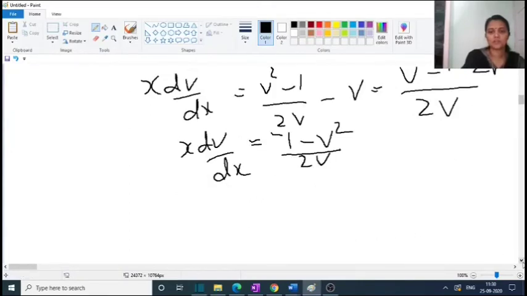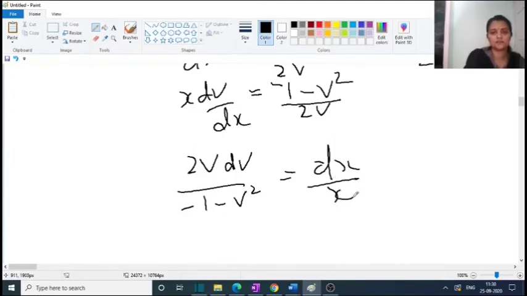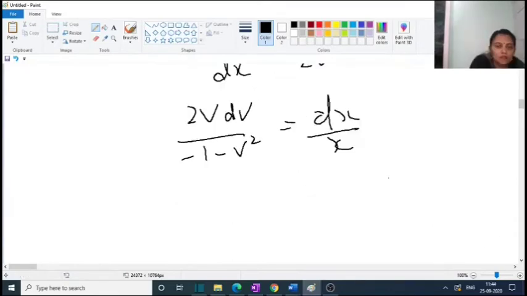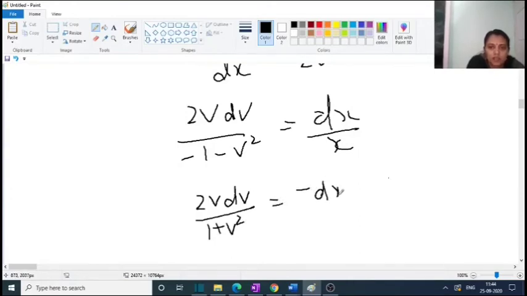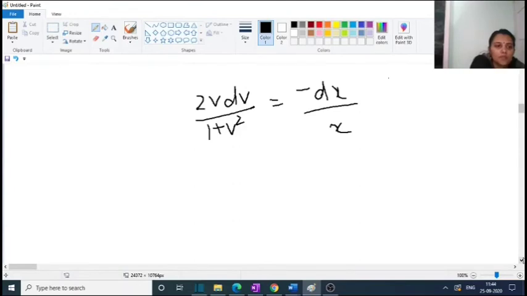Now we can cross multiply the terms, that is 2v dv by minus 1 minus v square is equal to dx by x. This can be written as 2v dv by 1 plus v square, taking this minus term to this side, is equal to minus dx by x. Now this is in variable separable form, so integrate both sides.